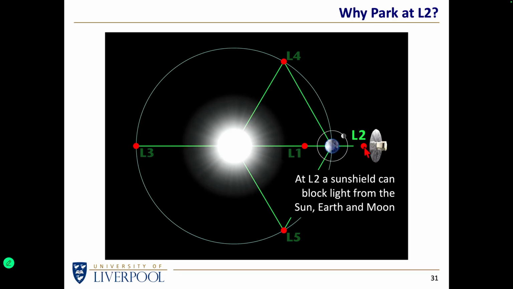So L2 is sitting 1,000,000 miles, or about 1.5 million kilometers above midnight. And if you sit there and use a sun shield, you can block out the light from the sun and the moon and the Earth all in one go, and it basically gives you an uninterrupted view of half of the sky. And with time, as the Earth orbits the sun, you will then get to see the entire sky.